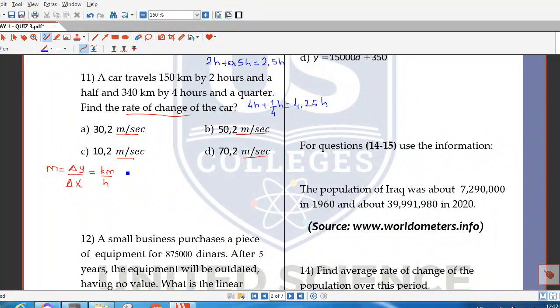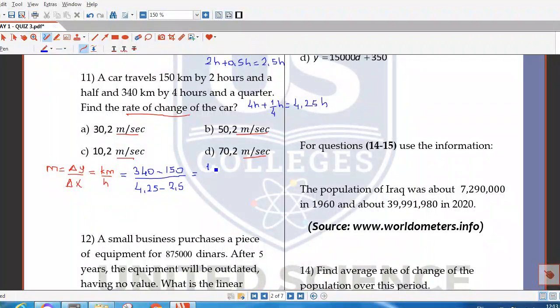If I turn back to my ratio, change in kilometer, 340 minus 150, over 4.25 minus 2.5.